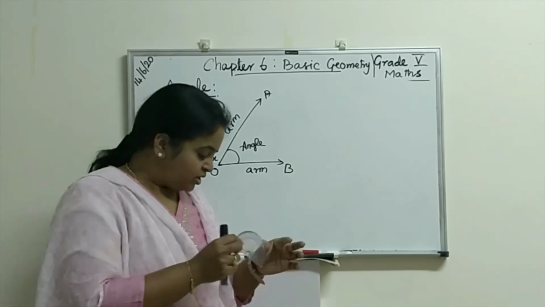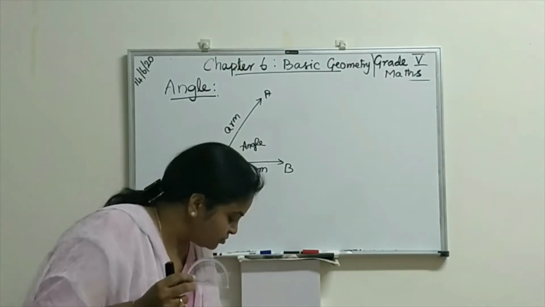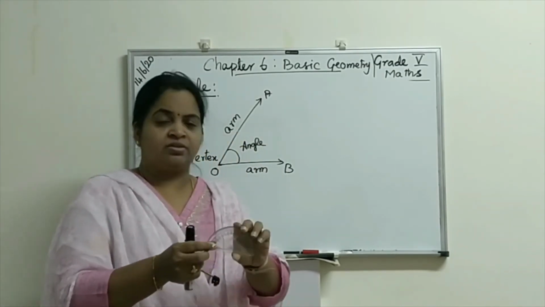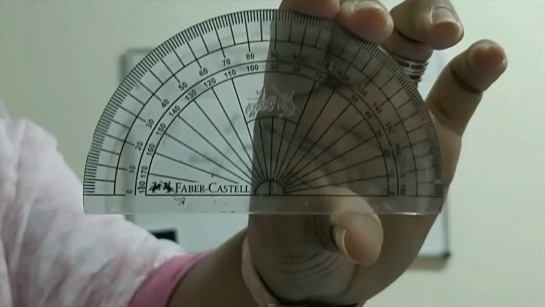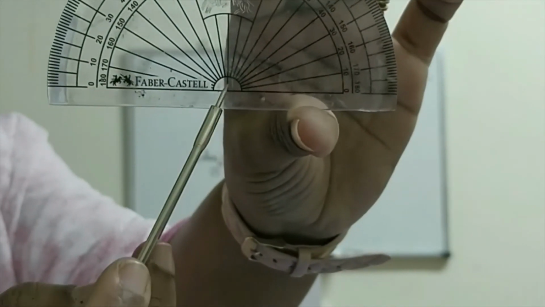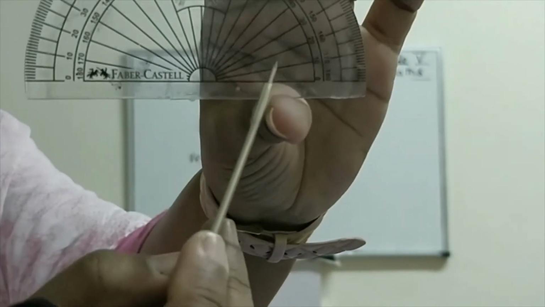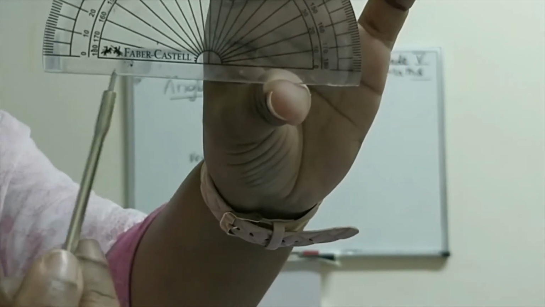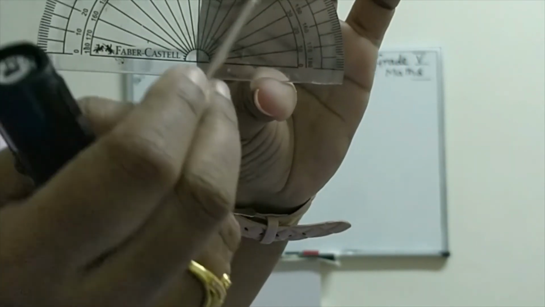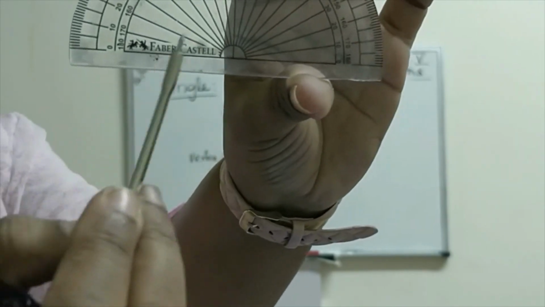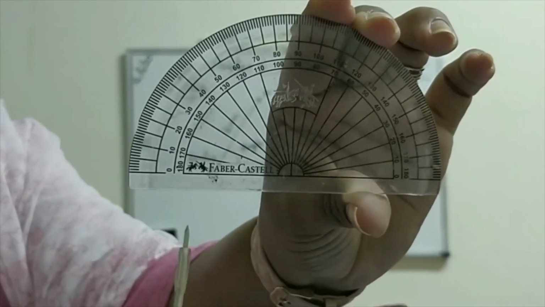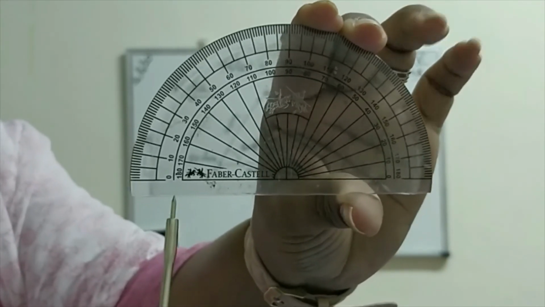Okay. So in the protractor, I will show you. Can you see the protractor? So this is called the center and this is the baseline, right? And you have degrees here, inner circle and outer circle. 0 to 180 degrees you got, right?